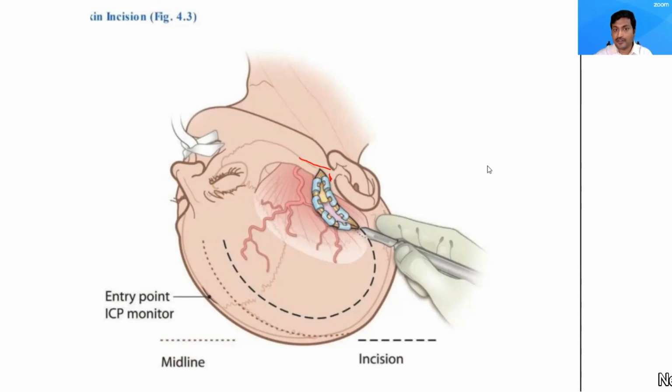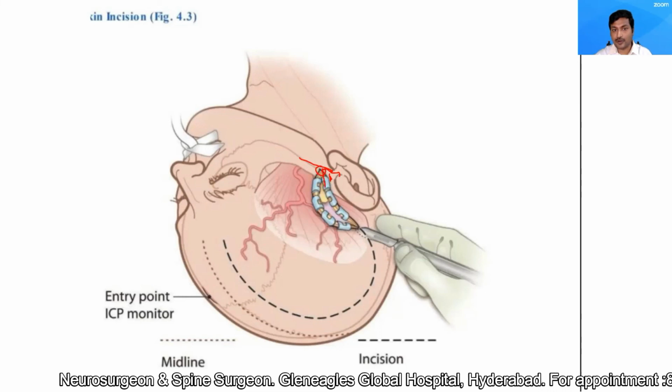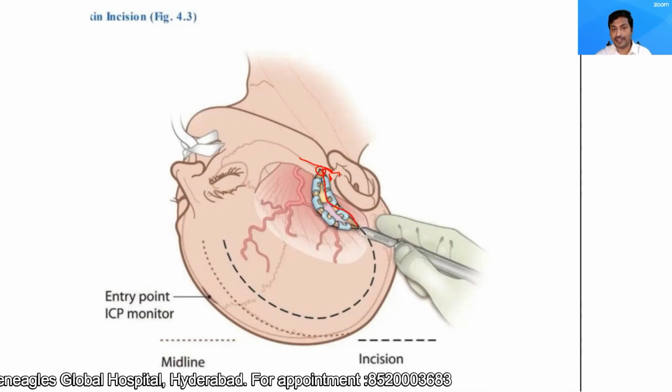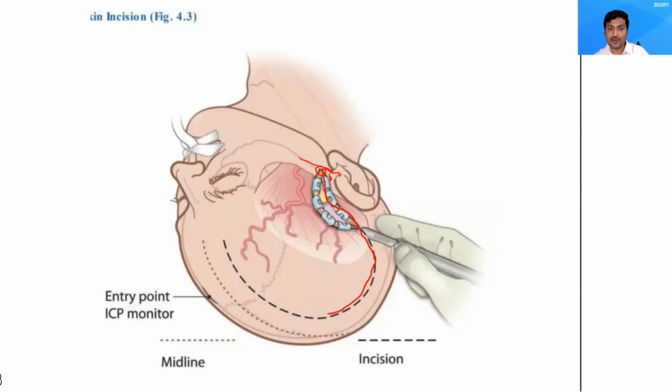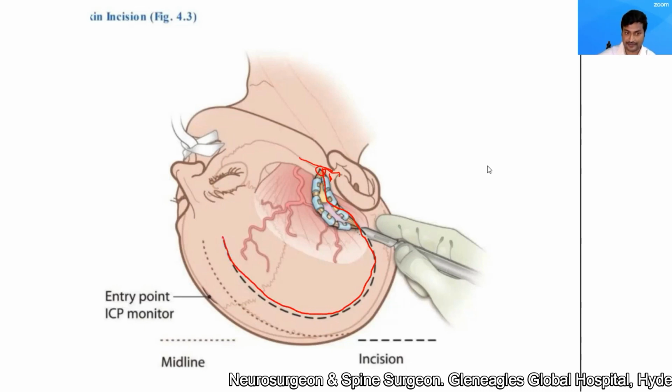So above the zygomatic arch, around 1 centimeter in front of the tragus, I start my incision. I go parallel to the tragus, go up. Just above the pinna, I take a posterior superior turn, go back sufficiently backwards to involve the parietal eminence, and then go forward and end at the level of the hairline.